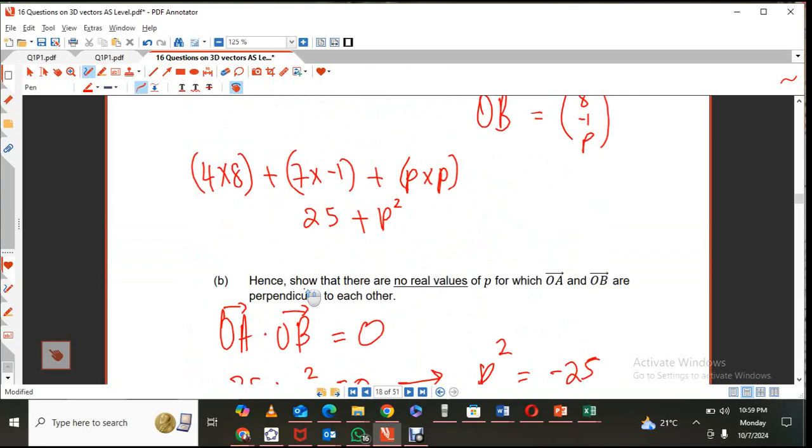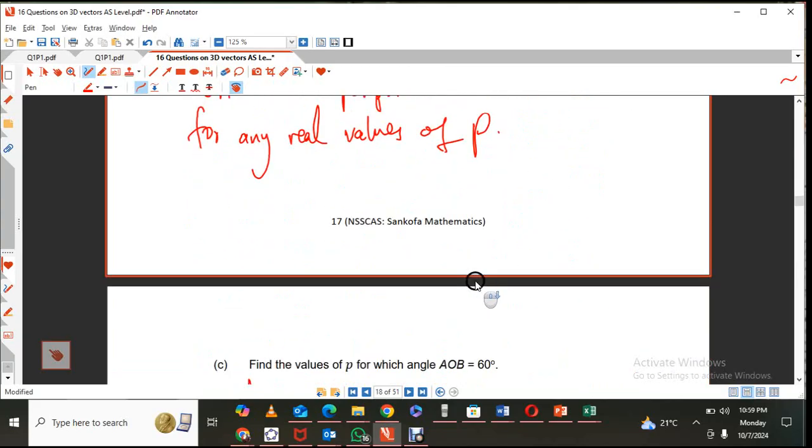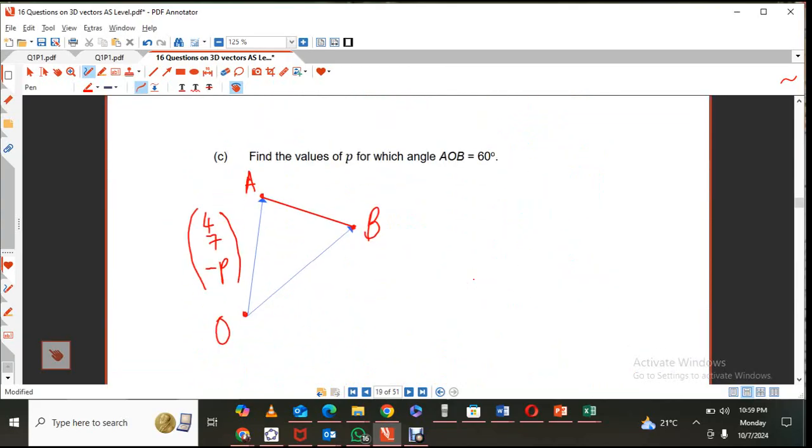OB is 8, -1 and p. We have to go back all the way. I'm just going to write it down: 8, -1 and p. Right, so they are saying find the values of p for which the angle AOB is 60 degrees.